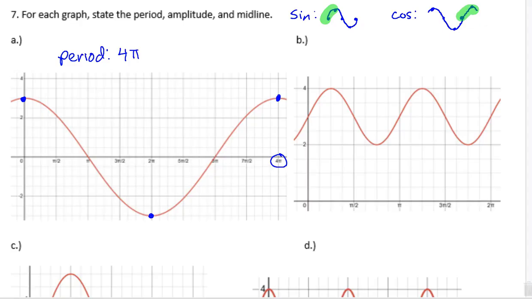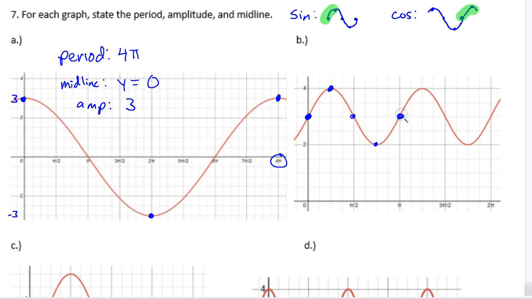All right, so I know the period of that graph is 4 pi. I see it has a maximum at 3. It has a minimum at -3, which means that the midline must be at y equals 0, and the amplitude is 3. Okay. Letter B, this is starting to look like a sine graph. Starts in the middle and goes up, so I'm going to mark my 5 points.